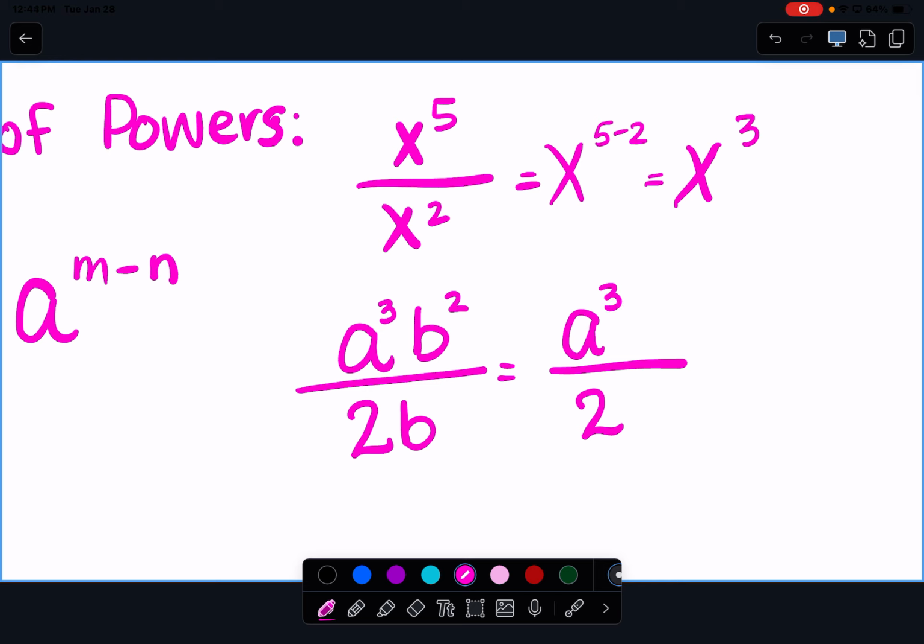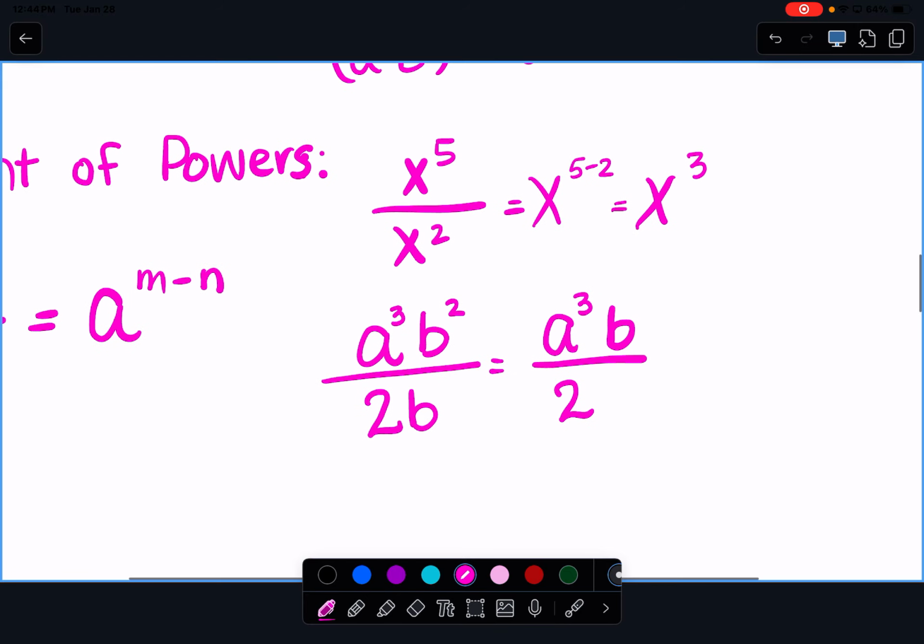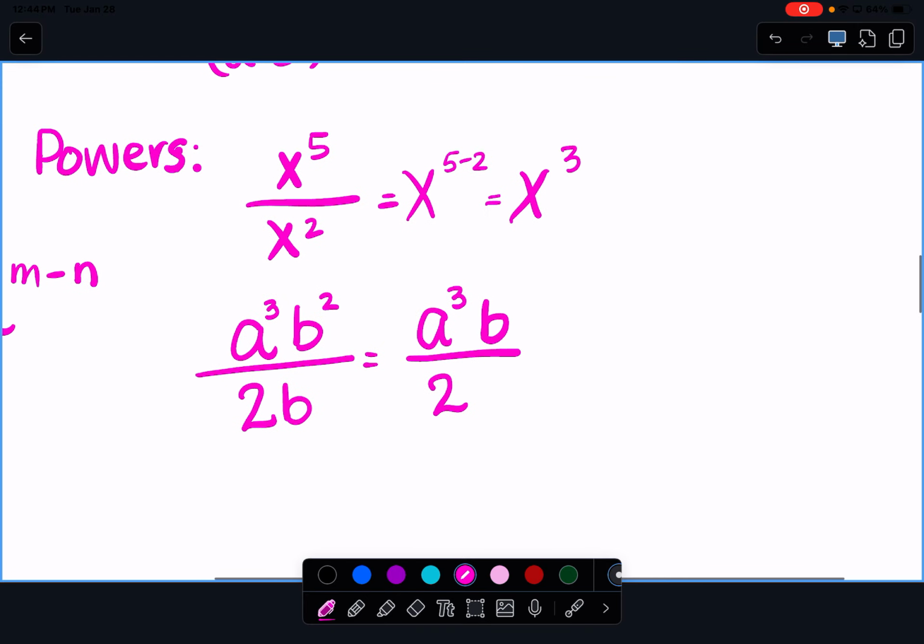Then if I simplify b squared divided by b, what do I get? B to the 1, which is just b. And that 2 is going to stay there because nothing changed it, okay?